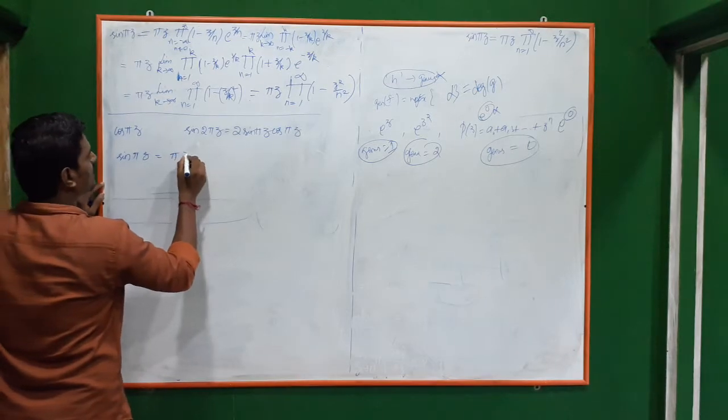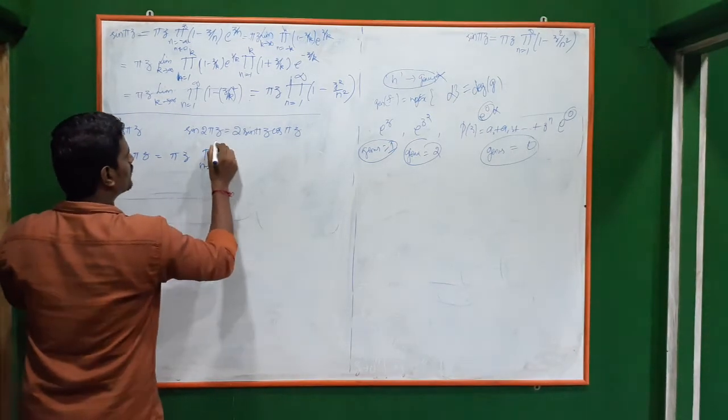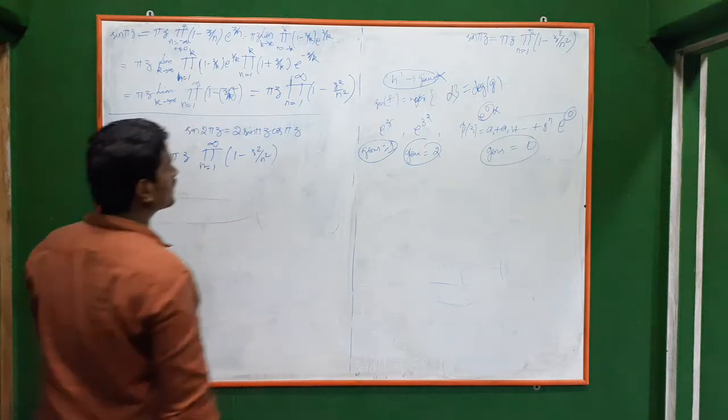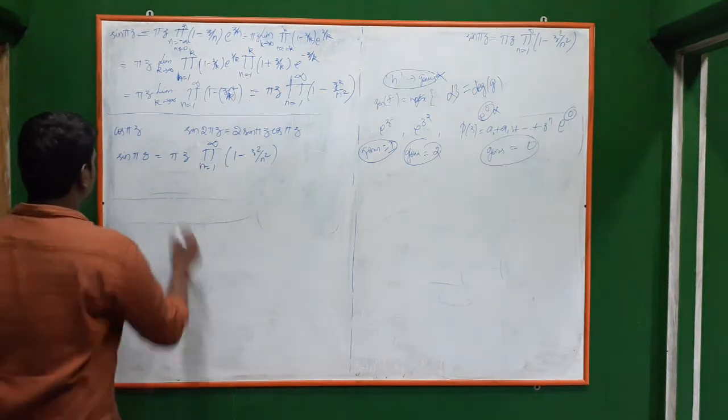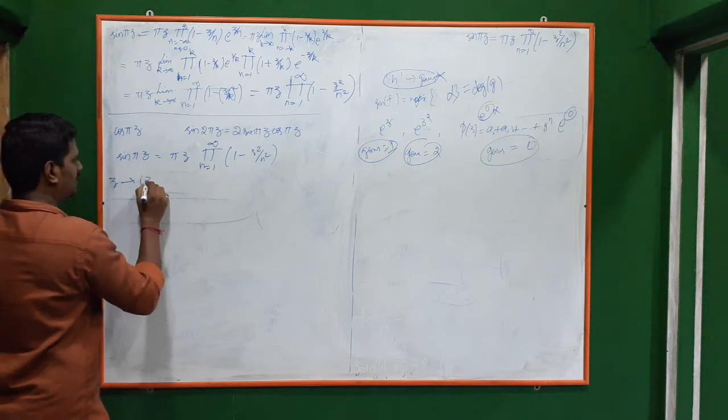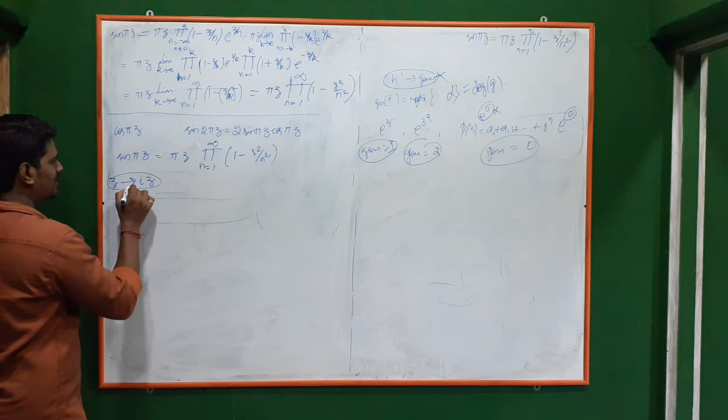Correct. Sin πz is πz times the product over n from 1 to infinity of (1 − z²/n²). In this, replace z by iz. Which transformation is this?